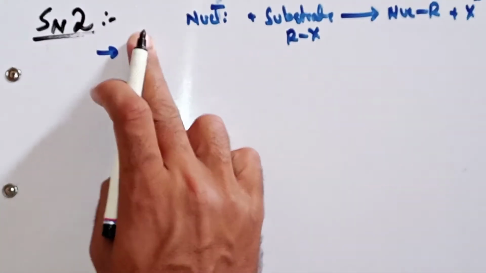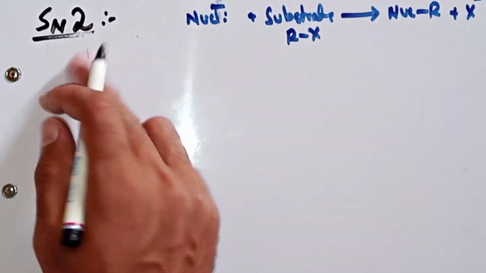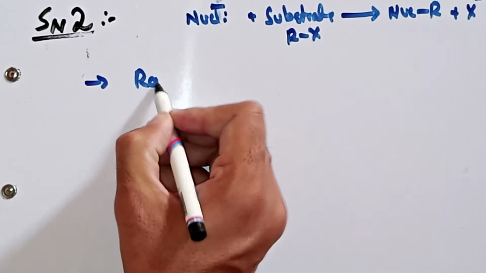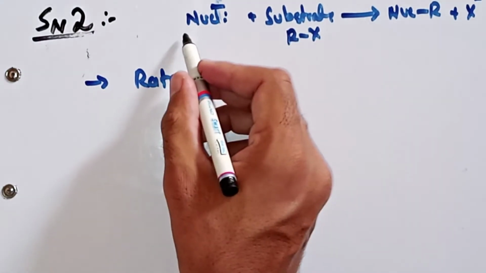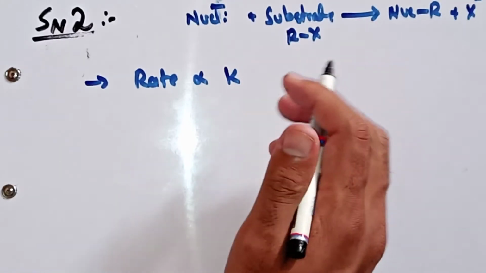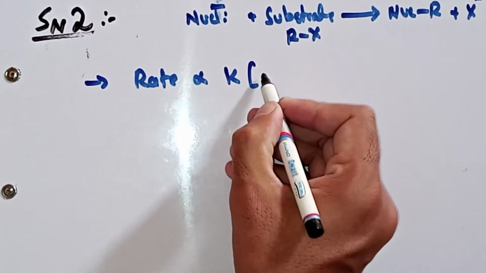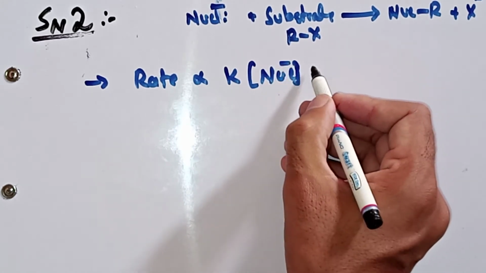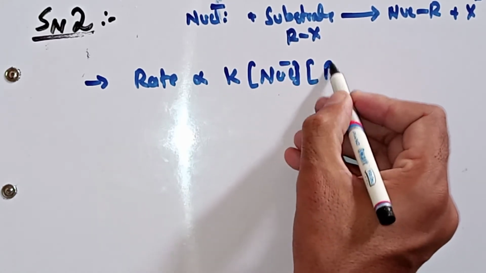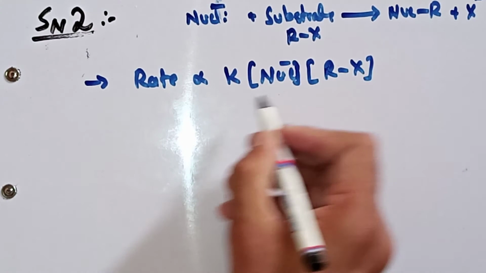So the rate for this reaction, a second order reaction, will be directly proportional to the product of the reactants, that is the nucleophile and the substrate, or you can say RX.